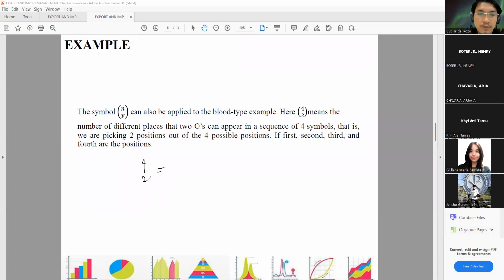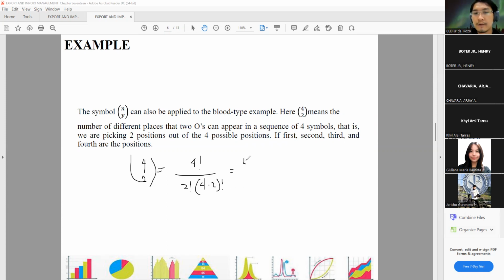So, 4C2, that is 4 factorial over 2 factorial times (4 minus 2) factorial.